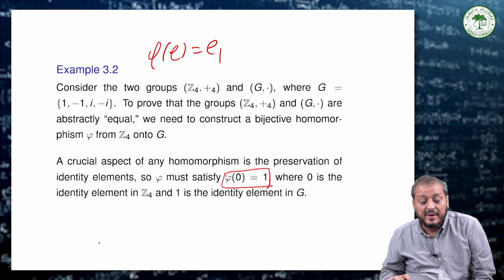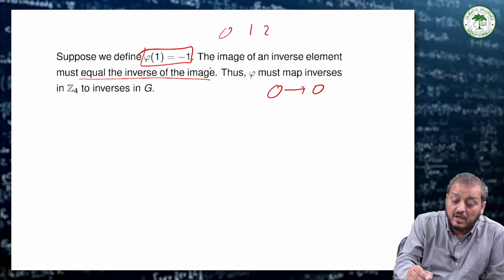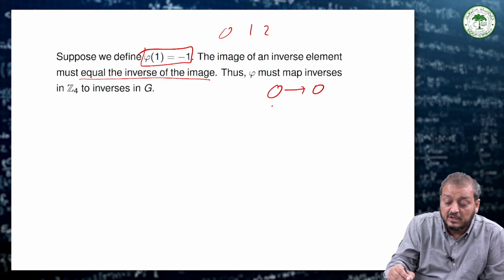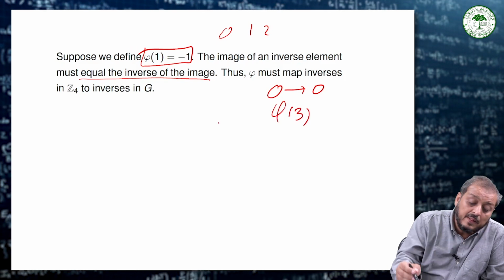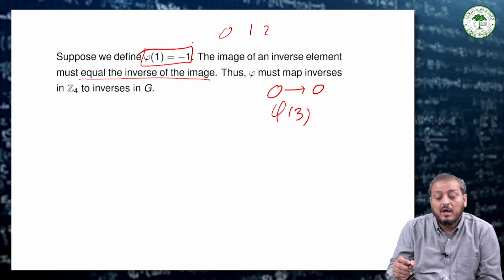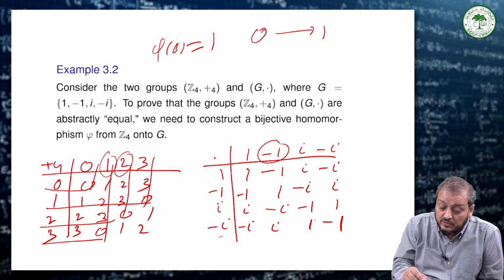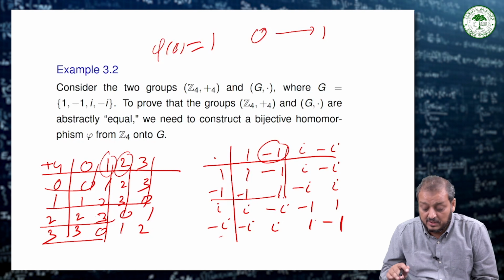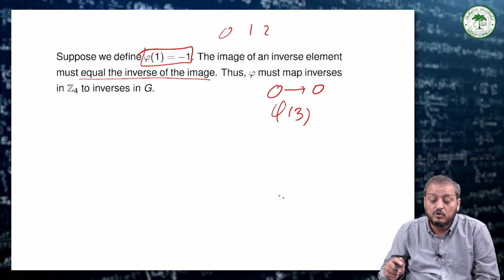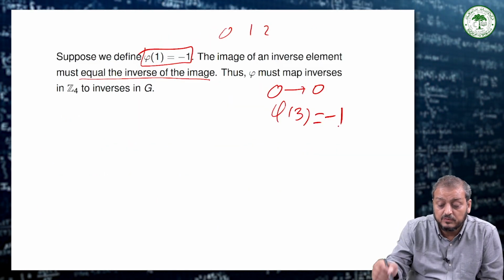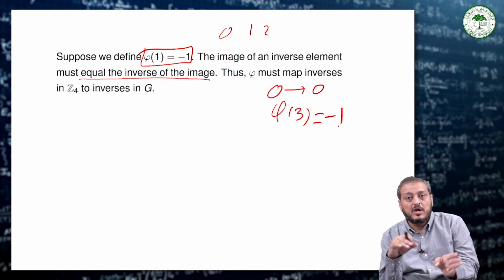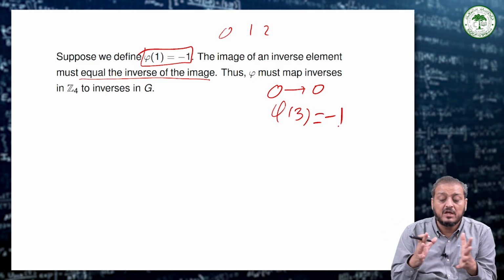So by this property, phi of 3 is also the inverse of -1. The inverse of -1 is equal to -1, so phi of 3 should also be equal to -1, because the map preserves inverses.